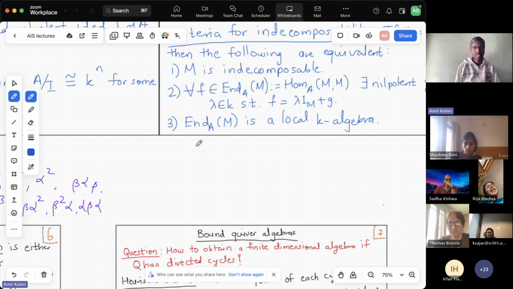Let me start with one particular example. This particular algebra is interesting in analysis or even geometry: K[epsilon] modulo the ideal generated by epsilon squared.